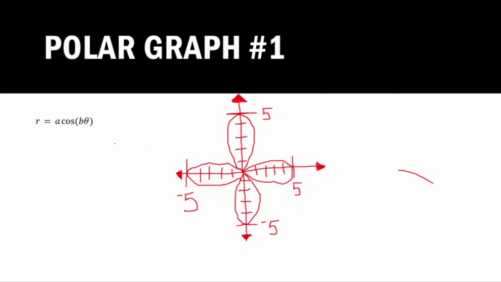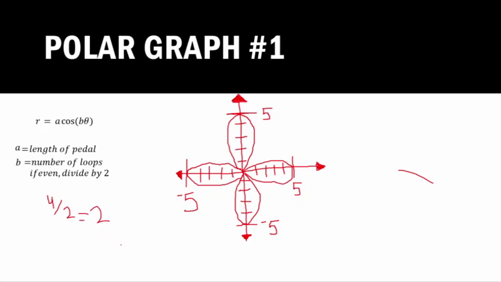And the a in this situation equals the length of the petal, which will be 5. And then b is the number of loops. If even, you gotta divide it by 2. We got 4, so in that case, 4 divided by 2 will just give me the 2.